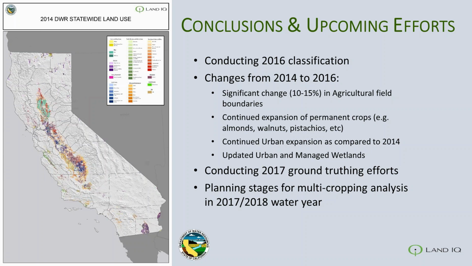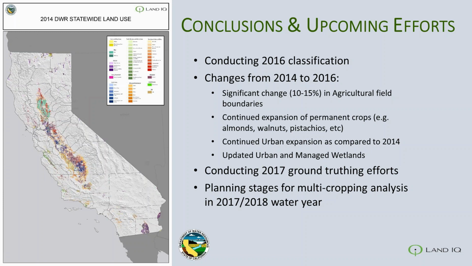We continue to see an expansion of permanent crops, almonds, walnuts, pistachios, grapes, and other permanent crops in the state. We continue to see urban expansion as compared to 2014. That's noticeable. And we also will update the urban and managed wetlands.